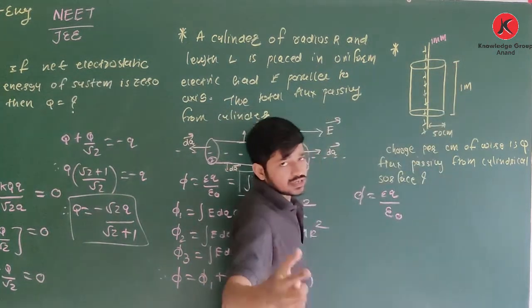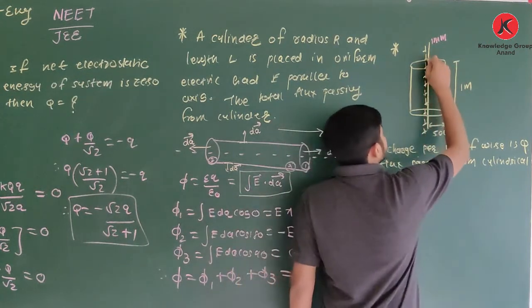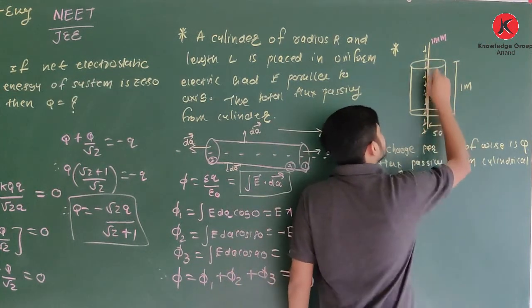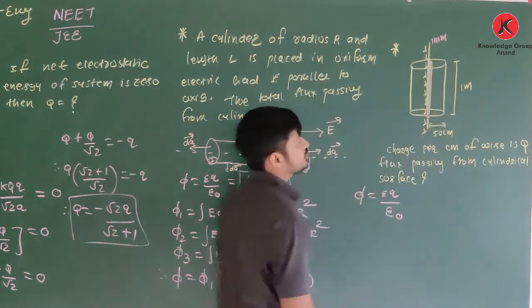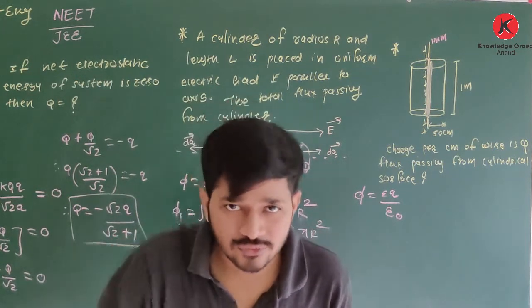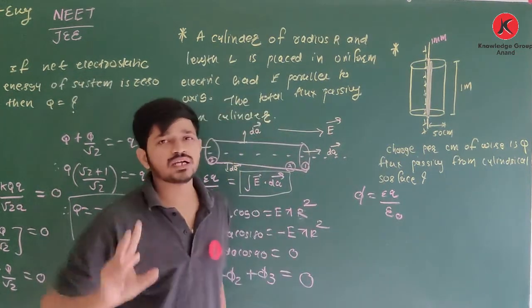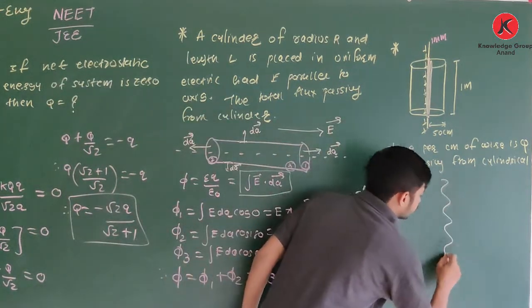You have to find electric flux through the cylinder. So what is the charge enclosed by the surface? Charge on 1 meter of wire is the charge enclosed by the Gaussian surface. So how to find sigma q?